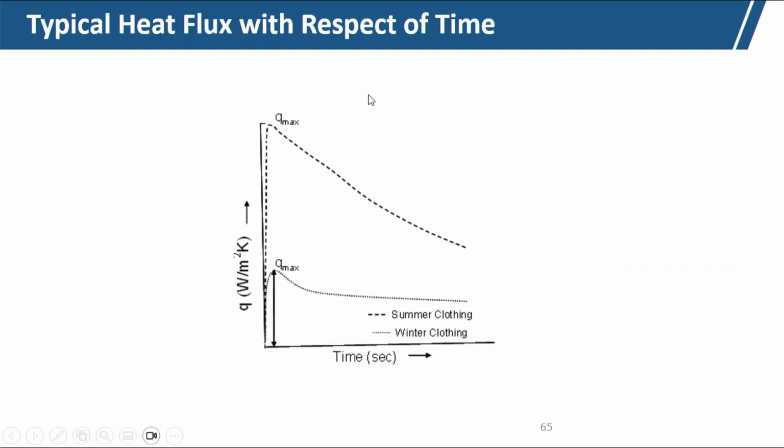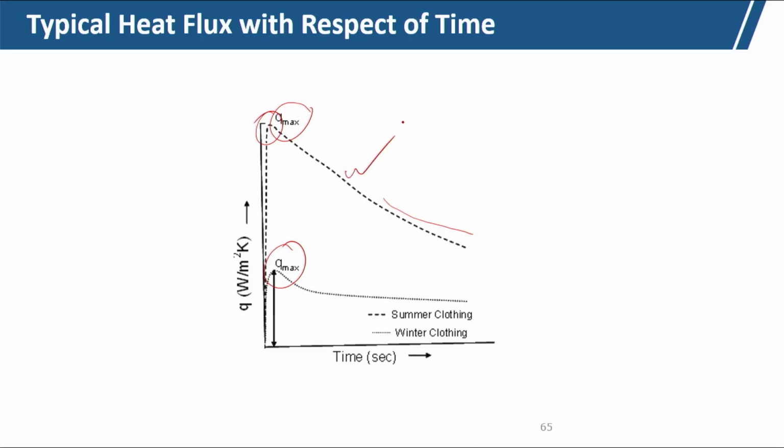It is measured by what is called Qmax, the instantaneous heat flux. If you see here, this dotted line has a high Qmax, and here it is a low Qmax.